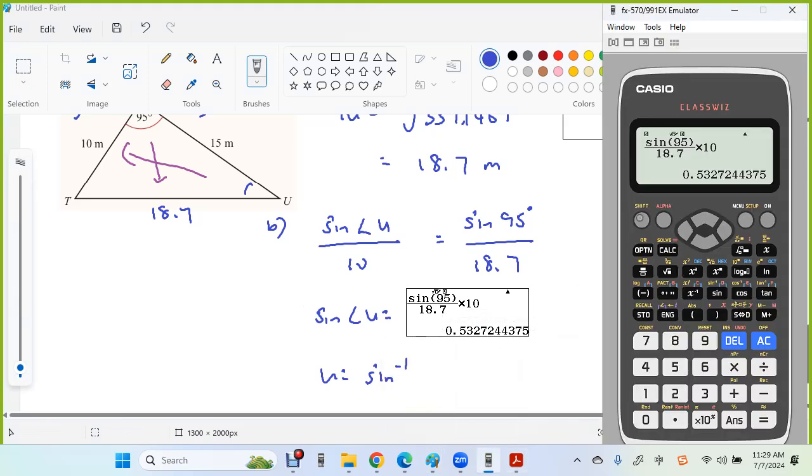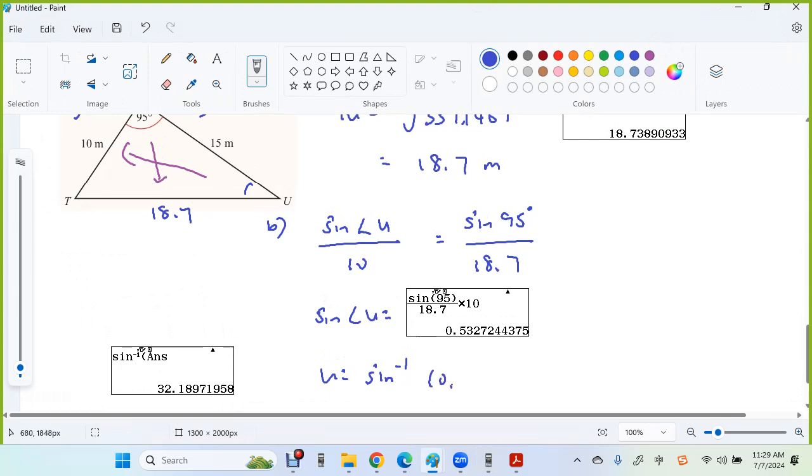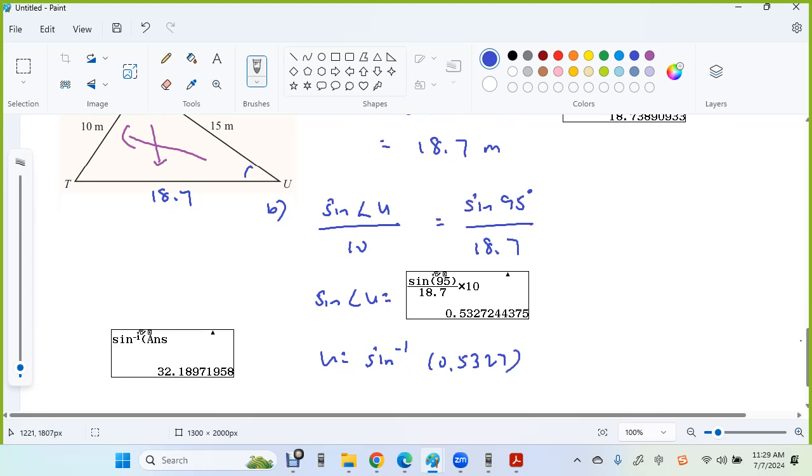So we have the shift sine answer. Arcsine of 0.5327. Then it will be 32.2 degrees. So the angle of T will be 180 minus the 95 degrees and then minus 32.2 degrees.